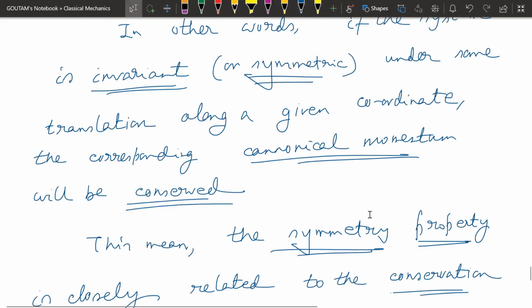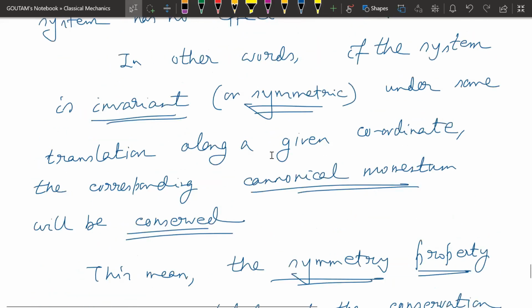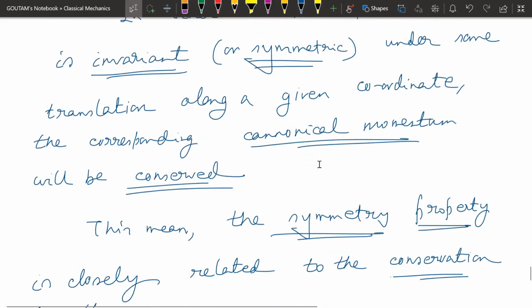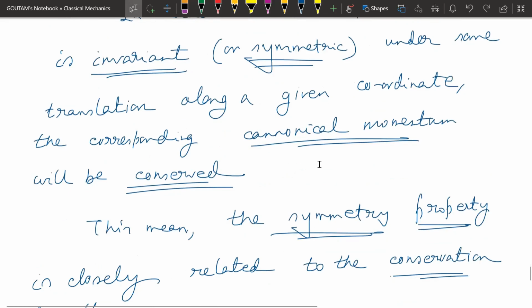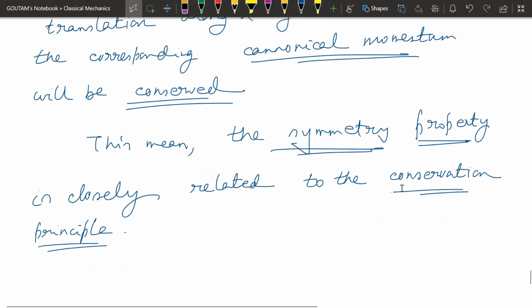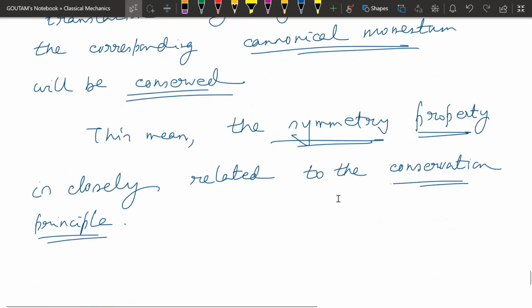By looking at the symmetry property, we can say whether the corresponding momentum is conserved or not. If the translation corresponding to the coordinate is symmetric, then we can say that the corresponding canonical momentum is conserved.